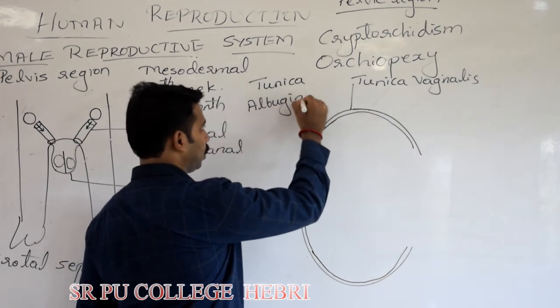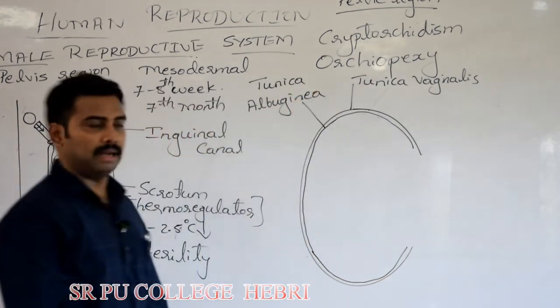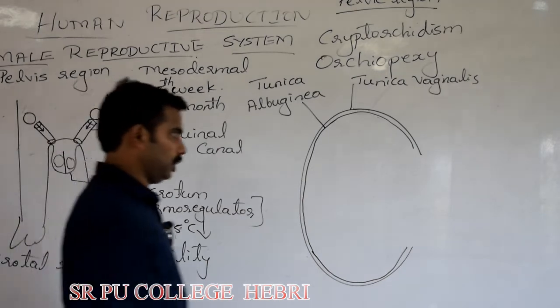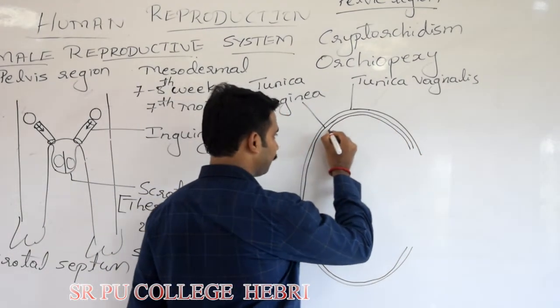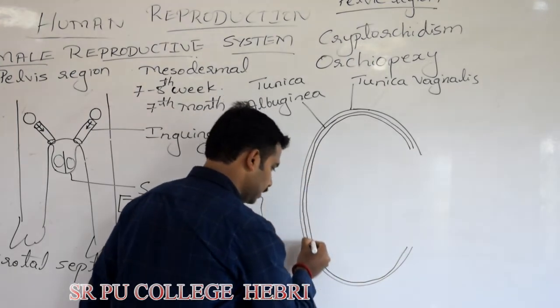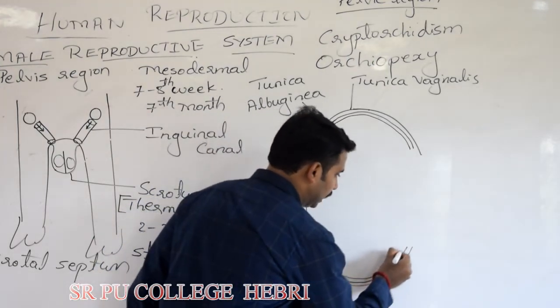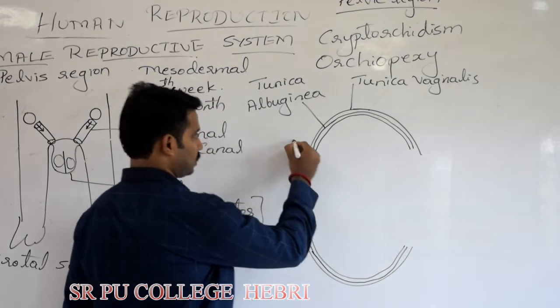Very, very important. Middle layer called tunica albuginea, followed by an innermost layer which is called tunica vascularis.